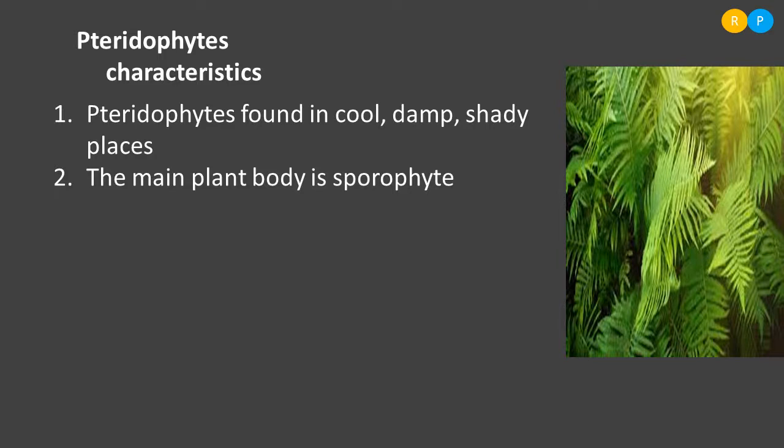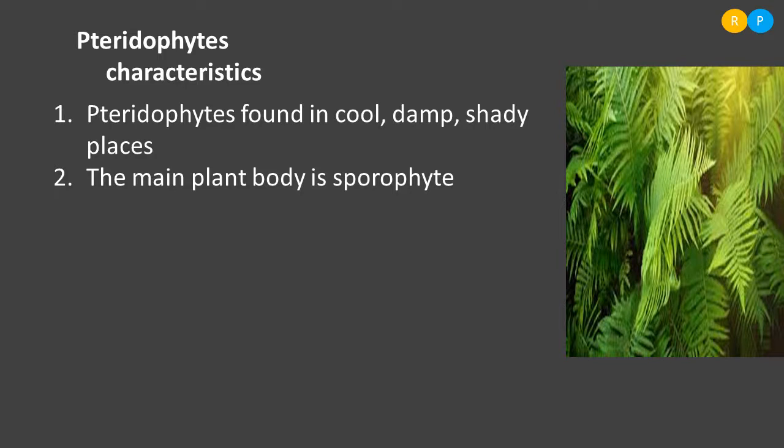So the initial reproductive structures formed in this group of plants are spores. So because of the formation of spores as a reproductive structure, these members are called sporophyte. One more reason we have: the cells present in the sporophytic plant consist of two sets of chromosomes. That means 2n number of chromosomes can be seen in the members of pteridophytes, so their main plant body is called sporophyte.